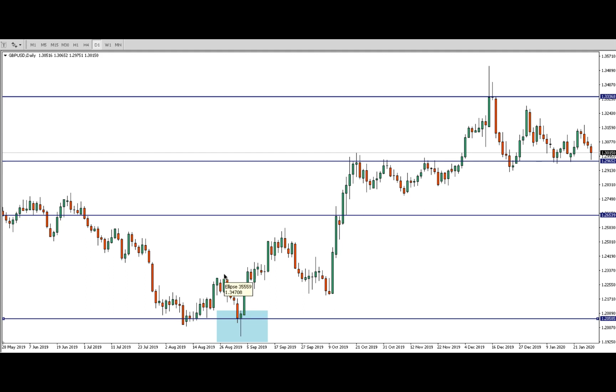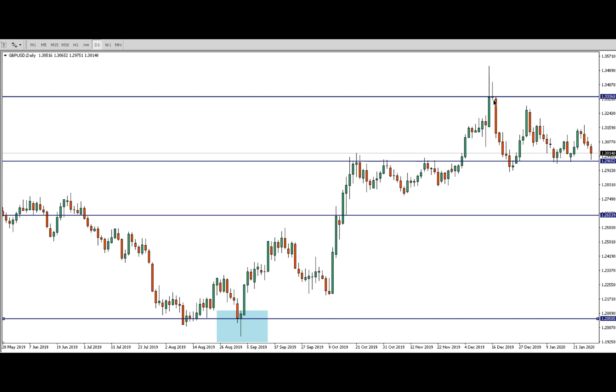We have a very strong move to the downside, and then we find support. Price went very low and suddenly got rejected. We have this big rejection candle, and that means this line actually worked as support. Very strong momentum to the downside, but very strong rejection as well, and then that comes with a lot of force to the upside, right?